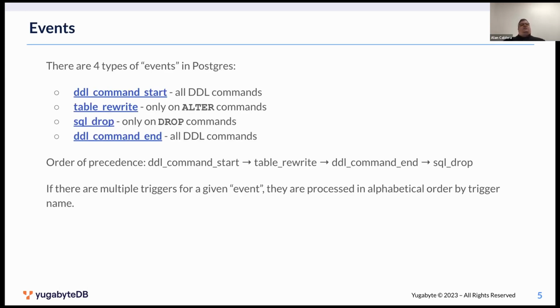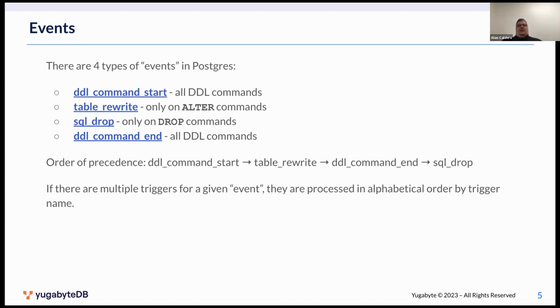So, events. There are basically 4 types of events in Postgres. They are DDL command start, which covers all DDL commands that are permitted, the aforementioned list: create, drop, alter, security label, revoke, grant, comment.